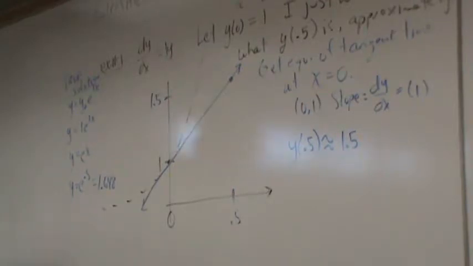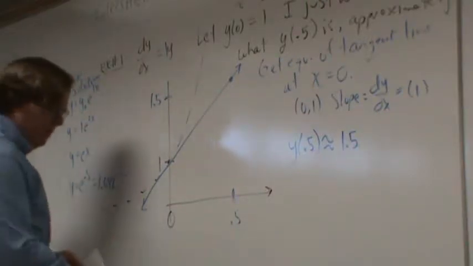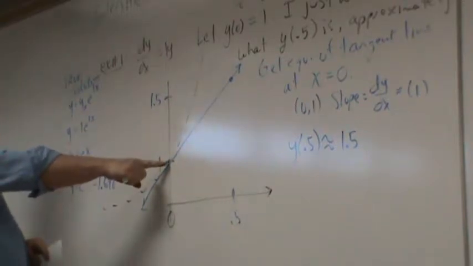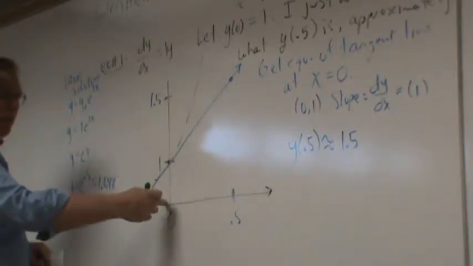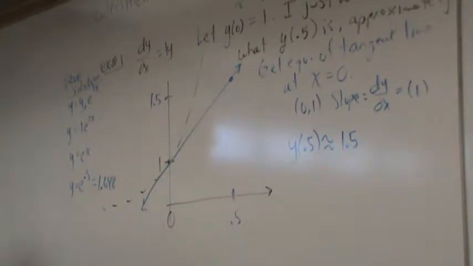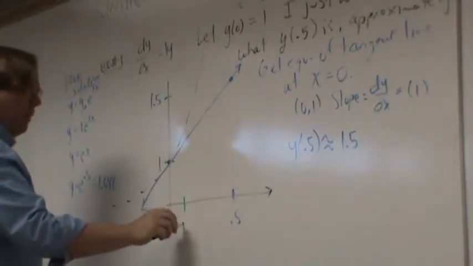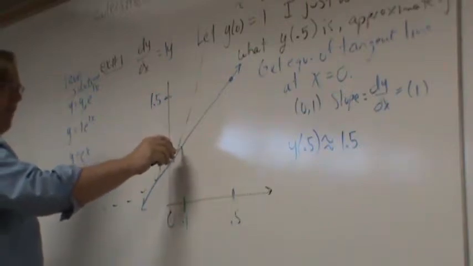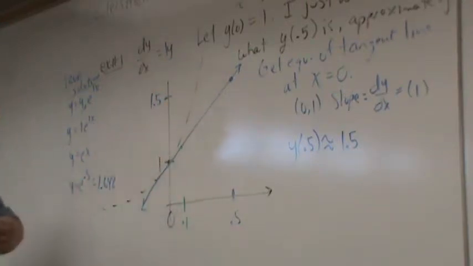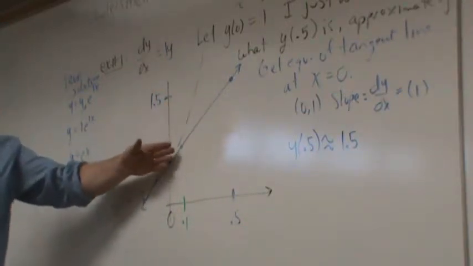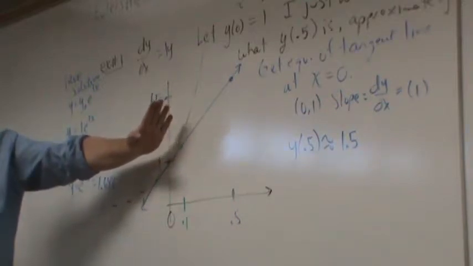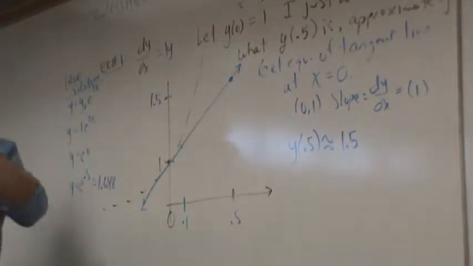Then you do Euler's method, and here comes the theory behind Euler's method. What you do is, rather than choosing that tangent line and riding it all the way over 0.5, you choose this tangent line and only ride it over for a distance of 0.1. And then at this point, you recalculate the slope of the tangent and write a new tangent line.